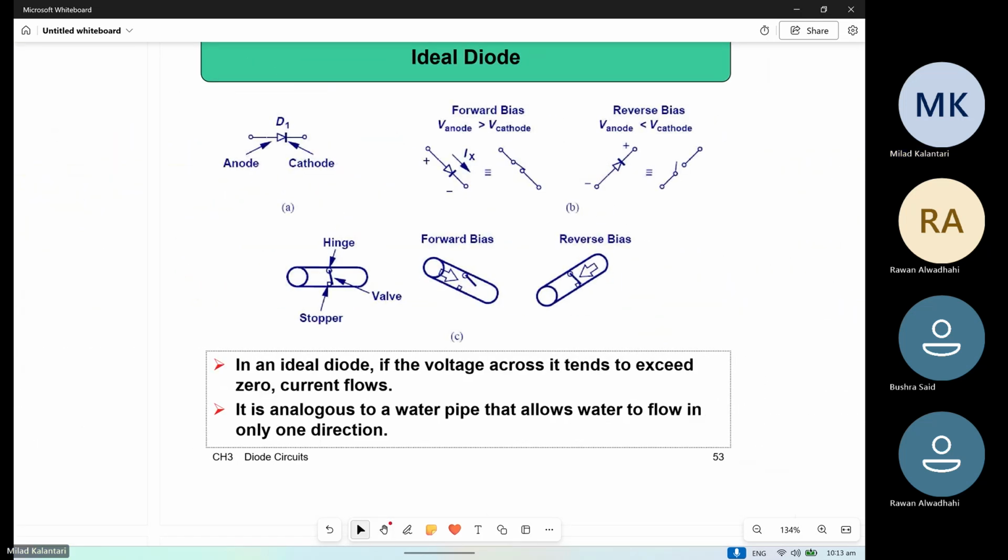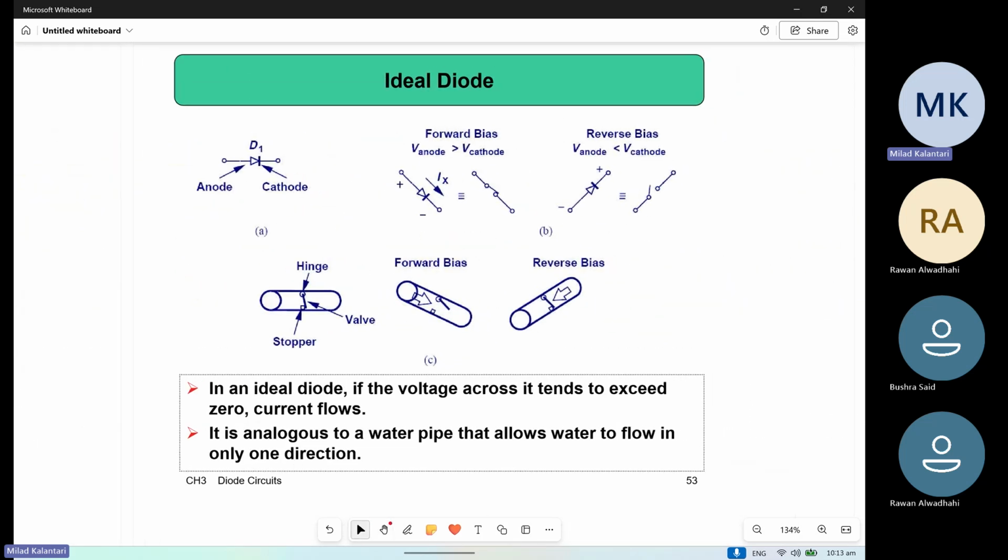So let's see what the ideal diode is like. The ideal diode symbol is like this, right? It has one arrow showing the direction in which current can pass, but there is a kind of wall restricting the current from passing in the other direction.